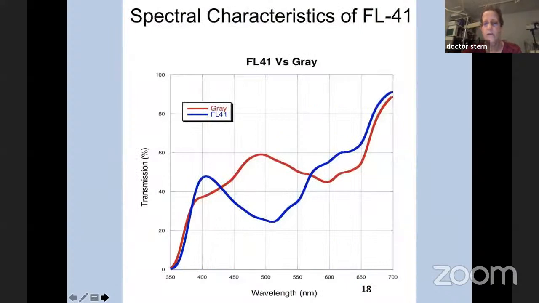So many of you may be familiar with the FL41 tint. It was developed in part by a neuro-ophthalmologist named Kathleen DeGray here in the US. She was actually trying different tints with patients for blepharospasm.